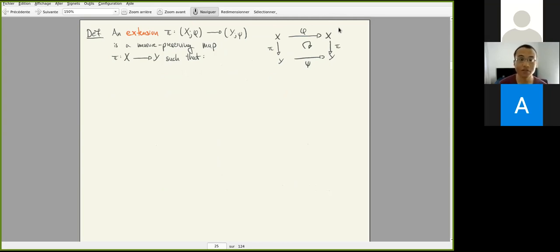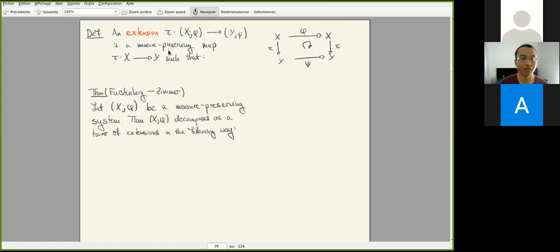And yeah, this extension, this map pi, should satisfy that the usual diagram commutes. And then one can prove the theorem by Furstenberg and Zimmer, for which one would need two notions with that, which I have not yet defined, but I will say something about that in a minute.